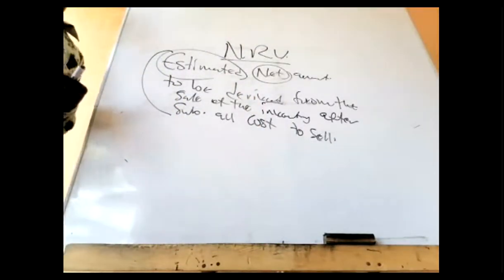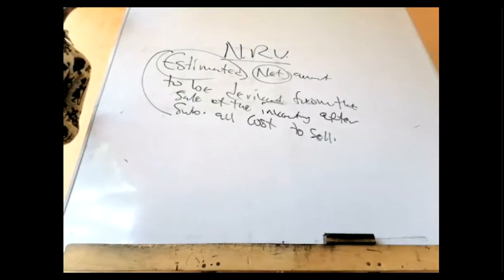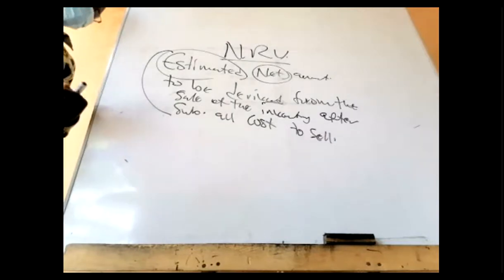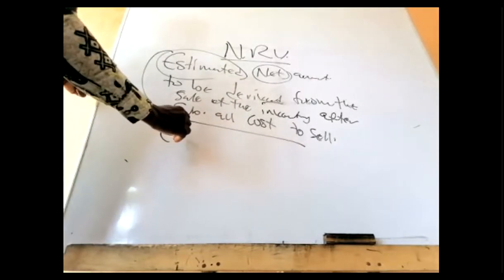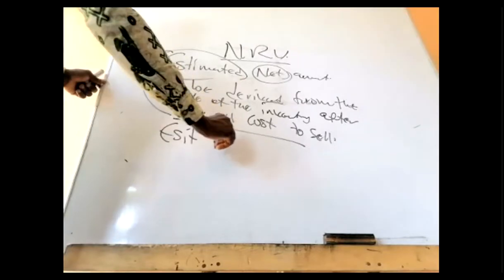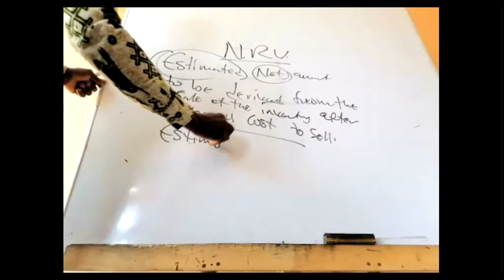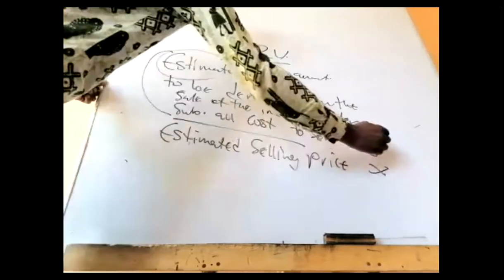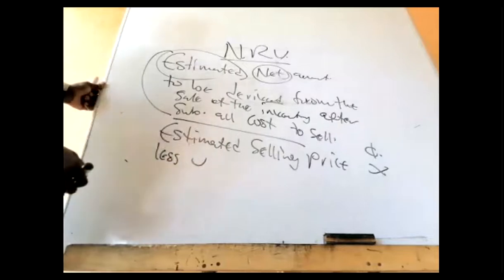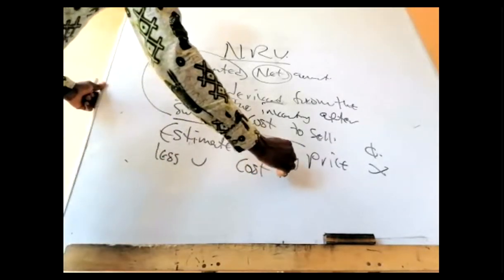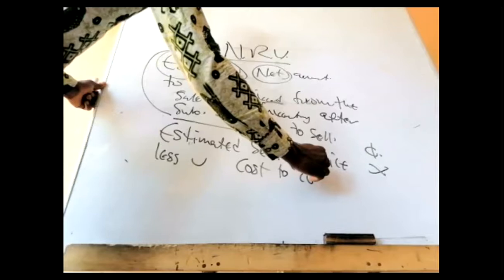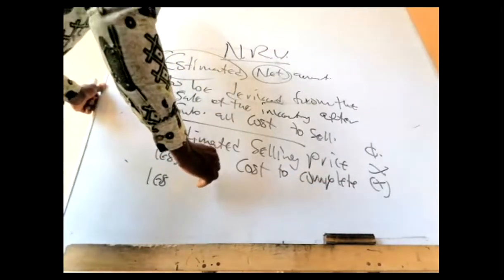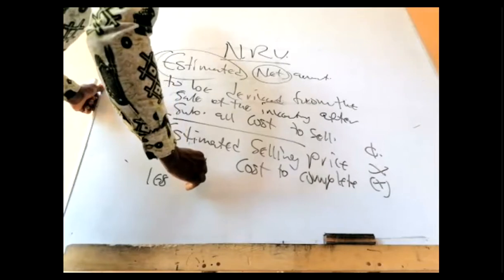Now, IAS 2 defines NRV as follows: estimated selling price, less estimated cost to complete, less estimated cost to sell.